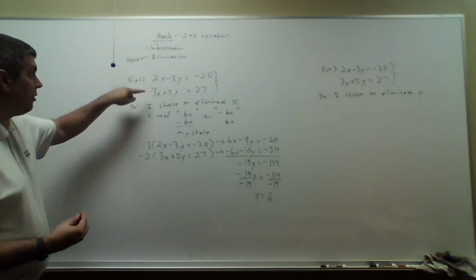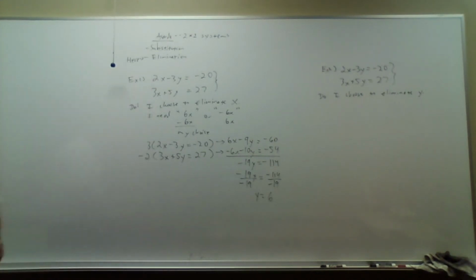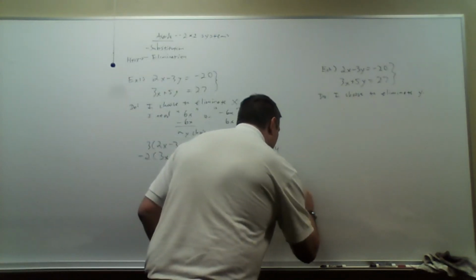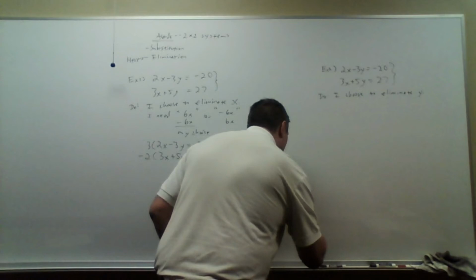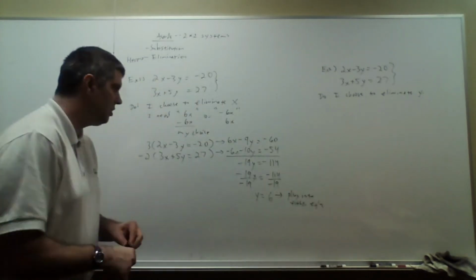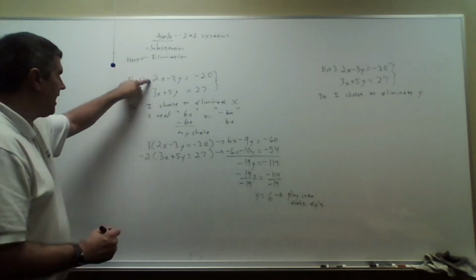On my paper, I plugged it into this equation. So to show you that it can go into either, I am going to go ahead and use the other one. So I flipped the coin, I chose it, I got this one.